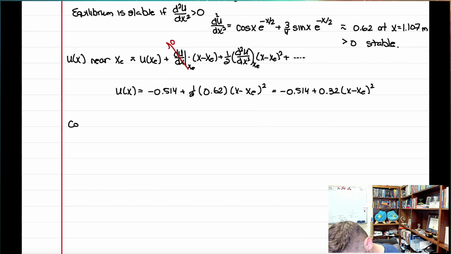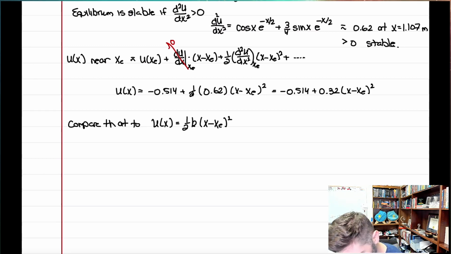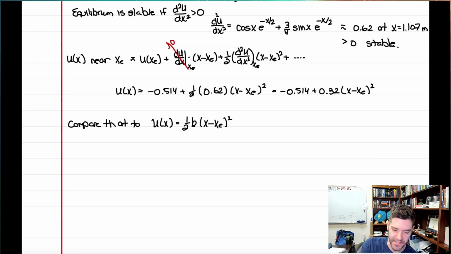Of course, you can compare that to the one for a spring. For a spring, you expect this to be 1/2 k x minus x sub e squared. Now there's this overall constant added on. But again, who cares about overall constants? Because constants in potential energy don't mean anything, because it's only changes in potential energy that have any physical meaning. So that negative 0.514 just means my reference point is different.